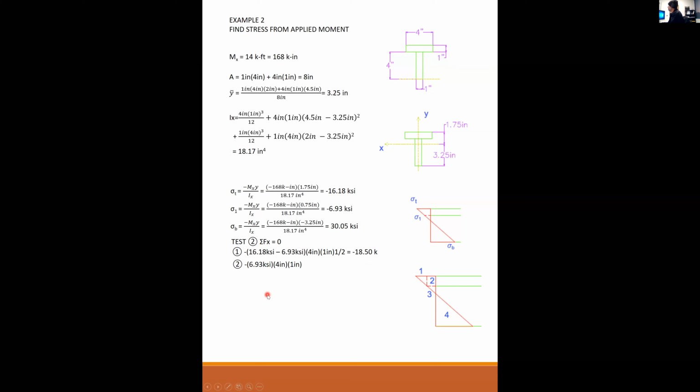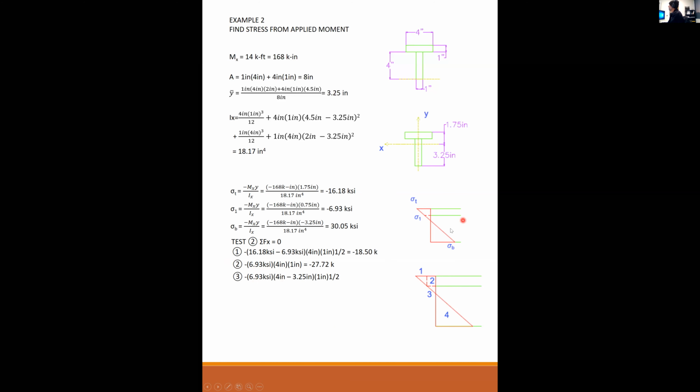For area 2, which is now the rectangle, the stress magnitude is minus 6.93 times an area of 4 times 1 gives me minus 27.72 kips. For area 3, now we're talking about this little triangle, the stress magnitude is 6.93 KSI, negative.